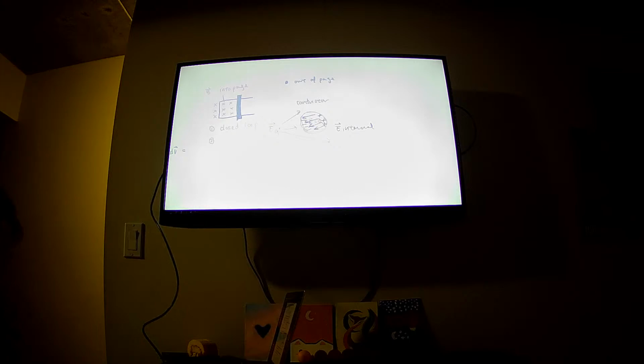So in a similar manner, the charges in your conductive bar will separate to oppose the induced current.